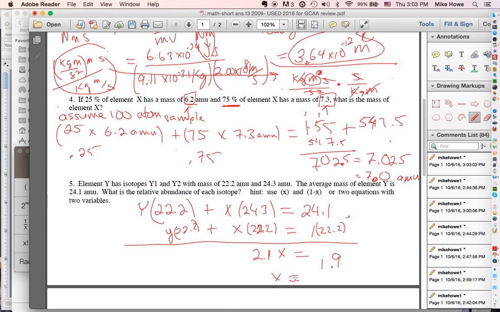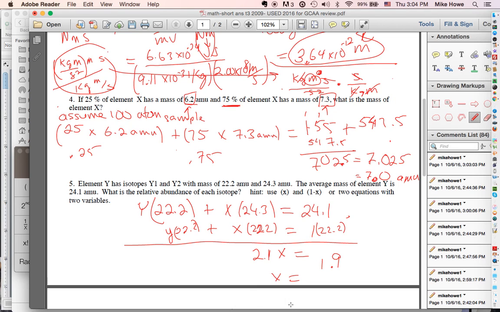So x is equal to, are you going to divide both sides by 1.9 or divide both sides by 2.1? Once again, that's a really common mistake. So you divide both sides by the number with the variable. So 1.9 will be divided by 2.1. You end up with 90%, or 0.904.